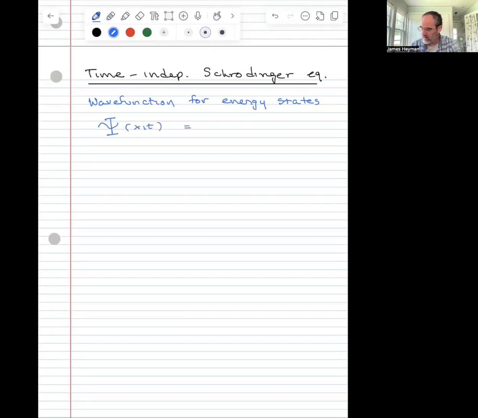It can be broken apart into two functions, one that depends only on position and a second that depends only on time. And usually, we only need to find the part of the wave function that depends on position to learn everything we need to know about our particle.